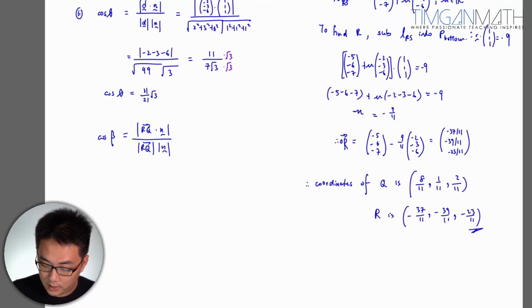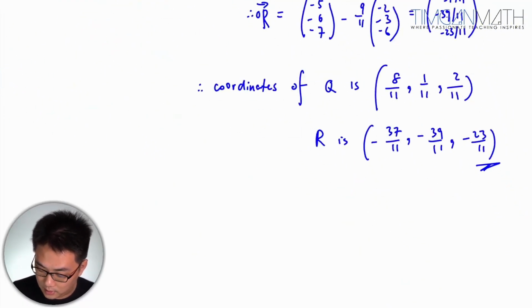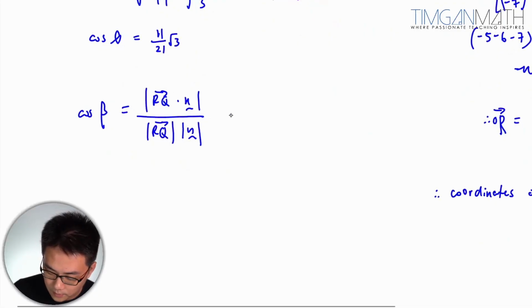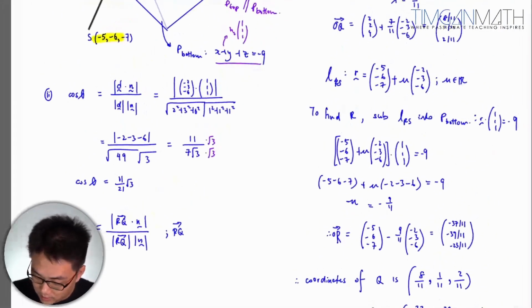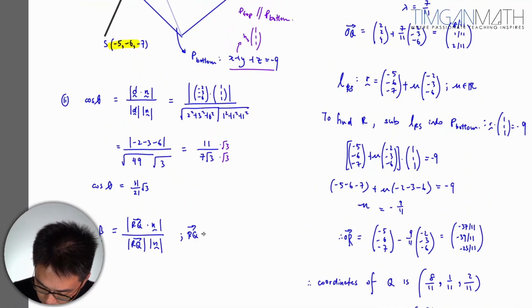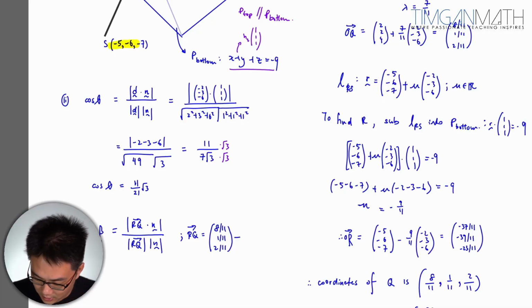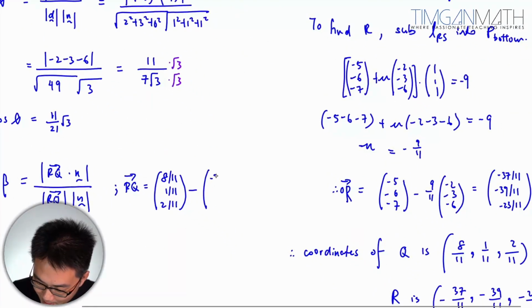Just find RQ by taking Q minus R. Q is 8 over 11, 1 over 11, 2 over 11, minus OR, which is this ugly looking thing here. Yeah, I need to get my physical calculator.